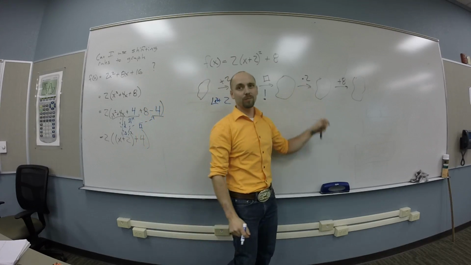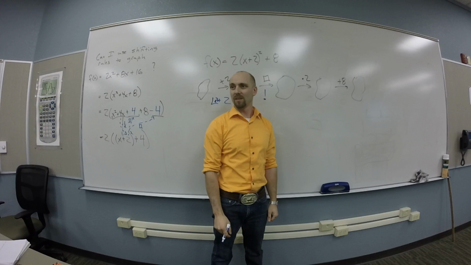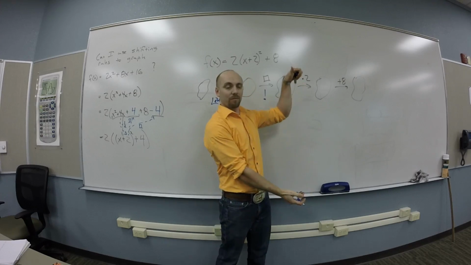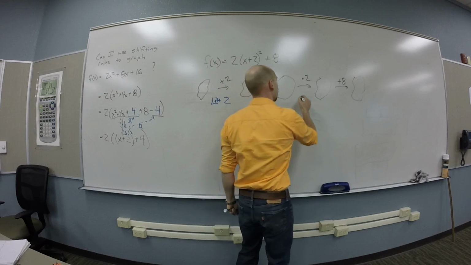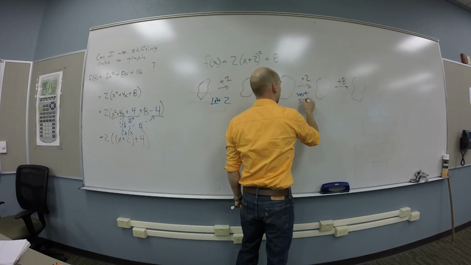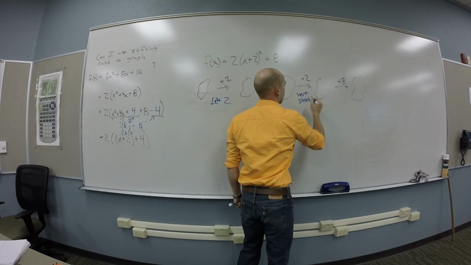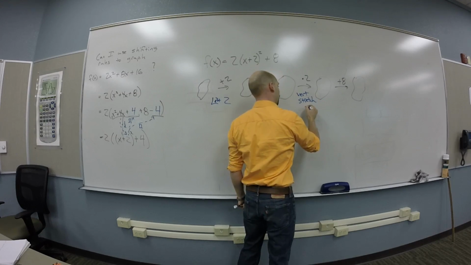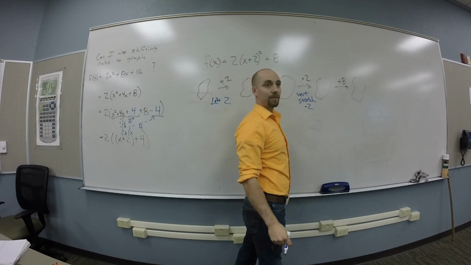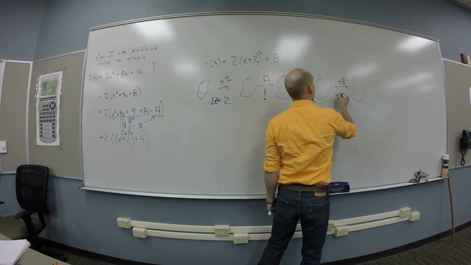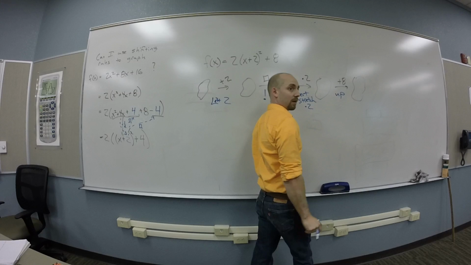Okay, then there's a multiply by 2, which is a vertical stretch, which will amount to a narrowing of mine. So vertical stretch, multiply by 2, right? Then this guy is up by 8.